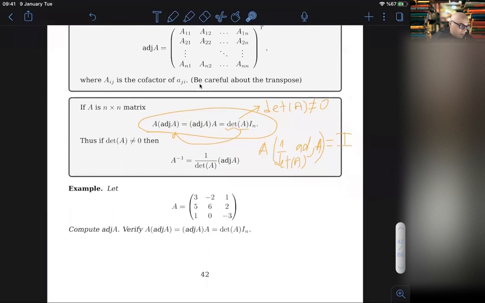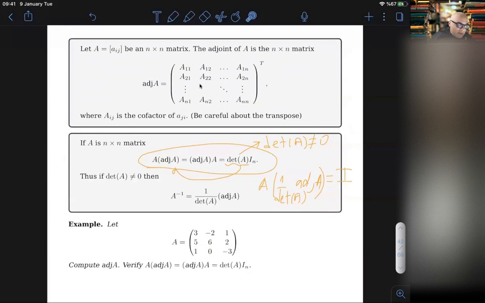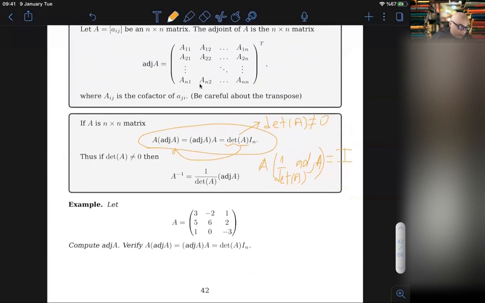I'm not sure if I have time, I just have 2 minutes. So I suggest you do this example on your own. Take this matrix, compute all 9 cofactors, A11, A12, A13, and so on.